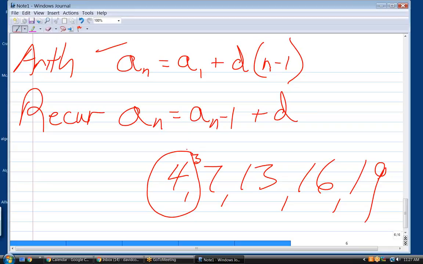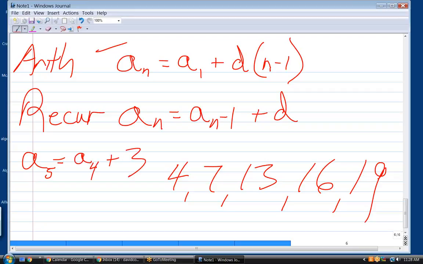But let's say I didn't know the first term. What is the 5th term if you know the 4th term? In other words, a sub 5 is going to be equal to a sub 4, that's the term right before it, plus the common difference. Is that true? Well, 19 is a sub 5, that's my 5th term.